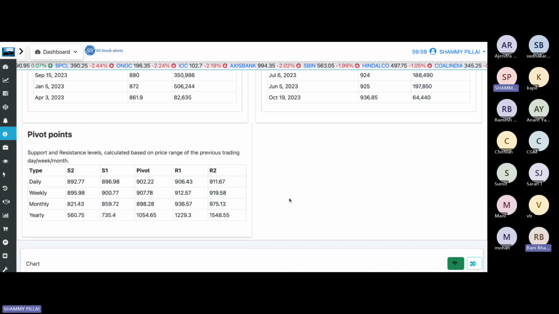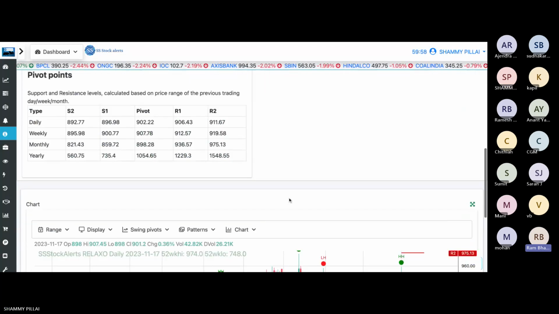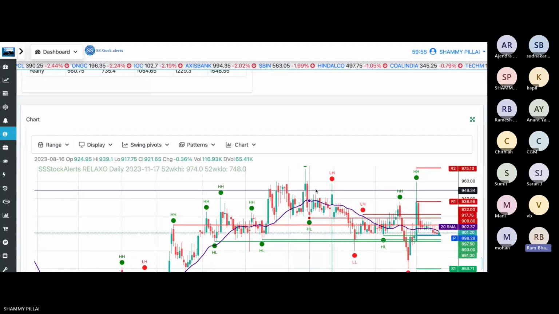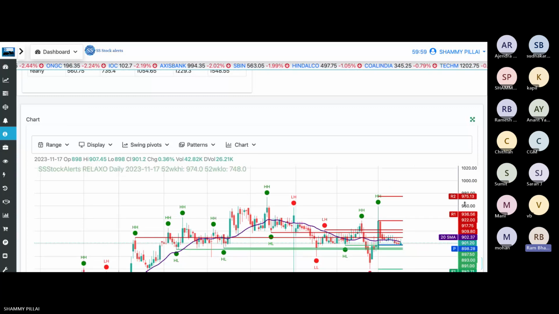Sorry to interrupt you, sir. When you are explaining all these things, when we talk about confluence trading, we have one more excellent feature, OI trading at OI support or OI resistance. It will be nice if you can explain when to look out for OI as added confluence, if a stock is trading at OI resistance.